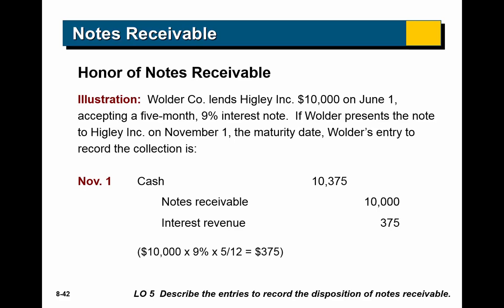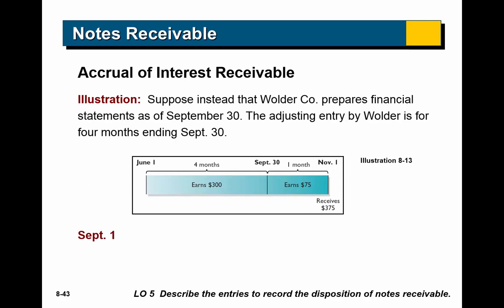Sometimes, though, a reporting period intervenes. Like maybe if this company did quarterly reporting, they would have to do an adjustment somewhere along the line and record the accrual of that interest receivable. So here's the example. The Wolder Company prepares financial statements as of September 30th, so at the end of the third quarter.